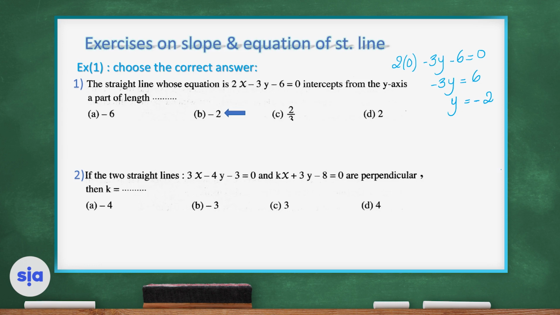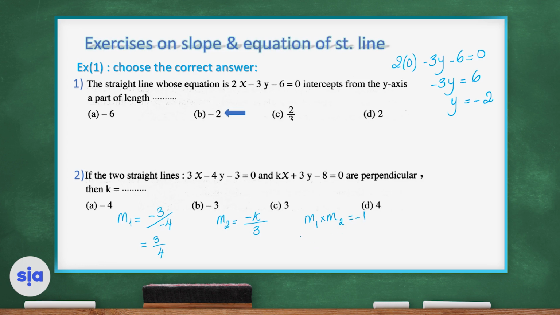So, in this one, we're going to find the slope of the first line, m1 equals negative coefficient of x over the coefficient of y, which is 3 over 4, and slope 2 is negative coefficient of x, which is k, over coefficient of y, which is 3. You know that since the lines are perpendicular, then m1 times m2 equals negative 1.